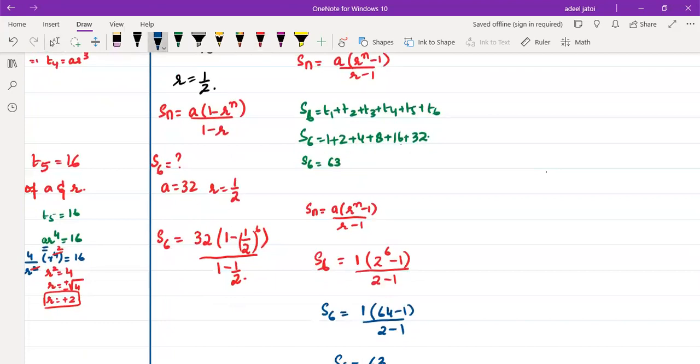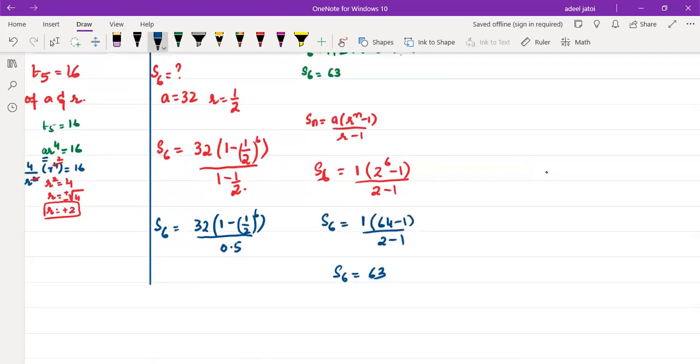So can I say that S6 is equal to 32 times (1 minus half to the power 6) upon 0.5. If we calculate 0.5 to the power 6, what is the answer that we get? We get 1 upon 64. And 1 minus 1 upon 64, multiplied by 32.